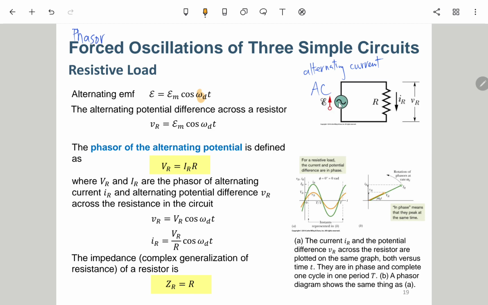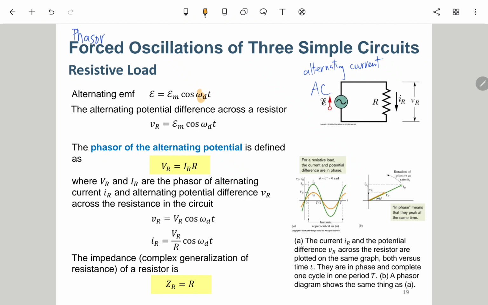Usually, when we have the AC source from the socket in Macau, it is 50 hertz. In Taiwan it's 60 hertz. In mainland China, I don't really know. But we usually have this AC source at 50 or 60 hertz.